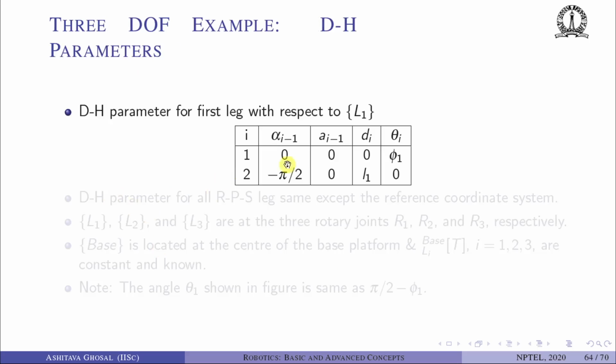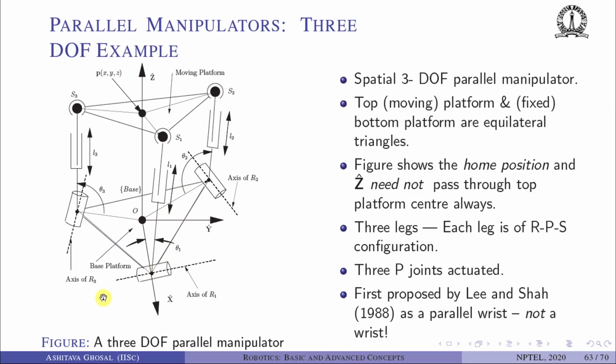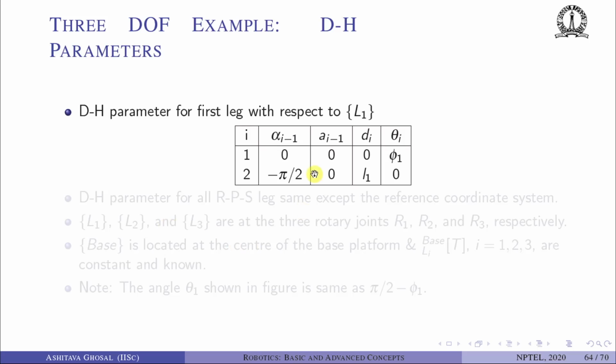so the alpha I angle, which is nothing but the angle between the rotary joint axis and the prismatic joint axis, is pi by 2, is minus pi by 2 actually. Okay, and the joint variable is L1. Okay, so the DH parameters for all the three legs are the same except the reference coordinate systems.